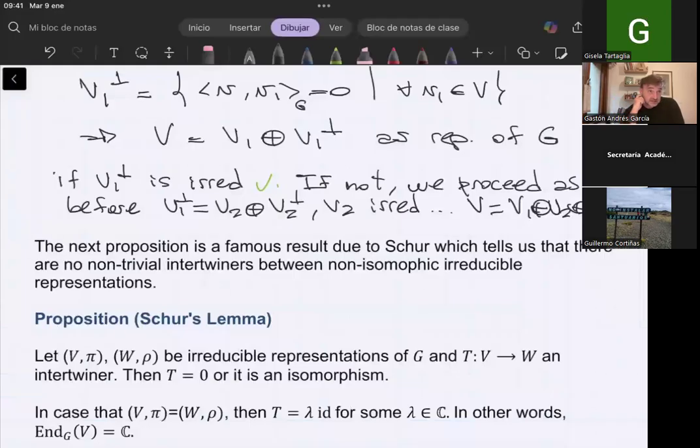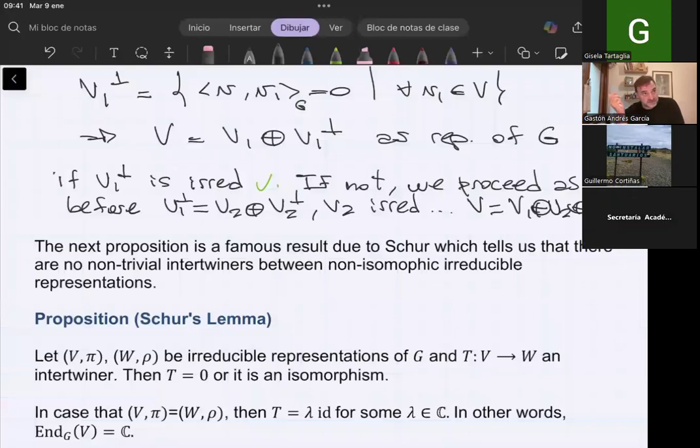If I can do that, then I can use the same proof. To get that complement I'm using the inner product, okay? And for the inner product, I need the group to be compact, or for some other reason to have an inner product that is G invariant. If I have an inner product that is G invariant, we can do that.